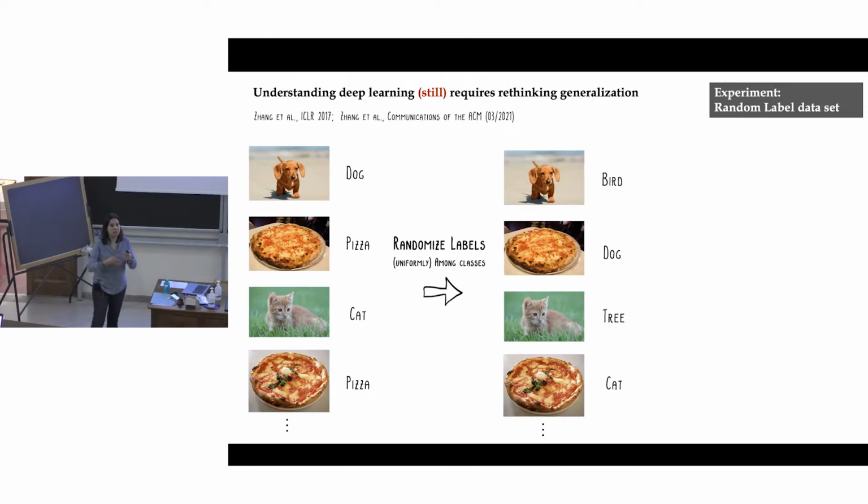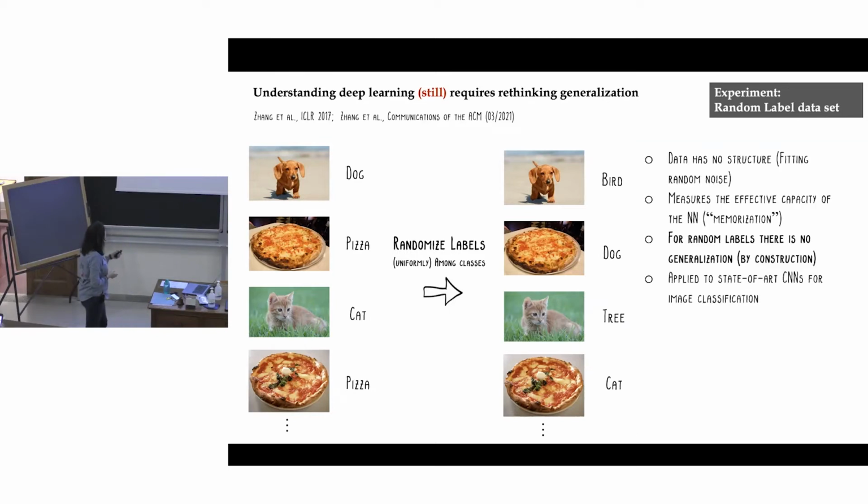I just completely randomize this data set uniformly among the classes. Let's assume a 10-class problem. And I'm doing this because now this data has no structure.